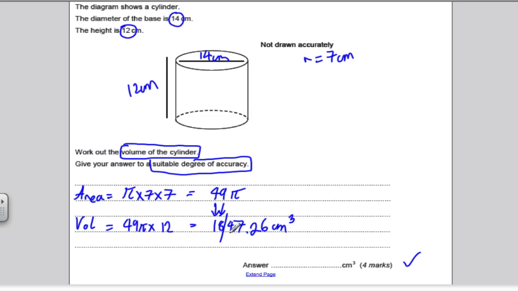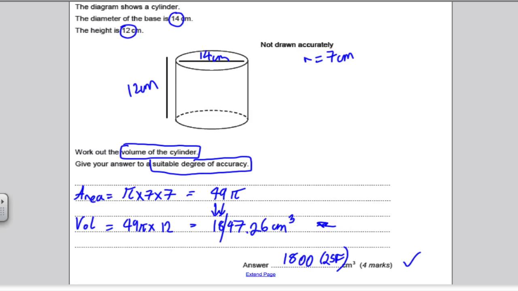Because this is a 4, we just round off, and I would round it off to 1,800 centimeters cubed, and I would write I've done that to 2 significant figures. Okay, if you gave your answer to 2dp like here, you'd lose a mark because the answer is too accurate. You weren't given the lengths to 2 decimal places in the question, so you shouldn't give your answer to 2 decimal places.